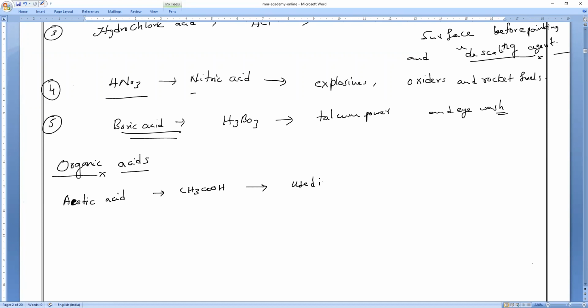So it is used as a food preservative, to preserve the food for a long period of time, like pickles and all. We will use vinegar. So vinegar contains what, guys? Vinegar contains acetic acid. So it is used in food preservatives and production of natural rubber.